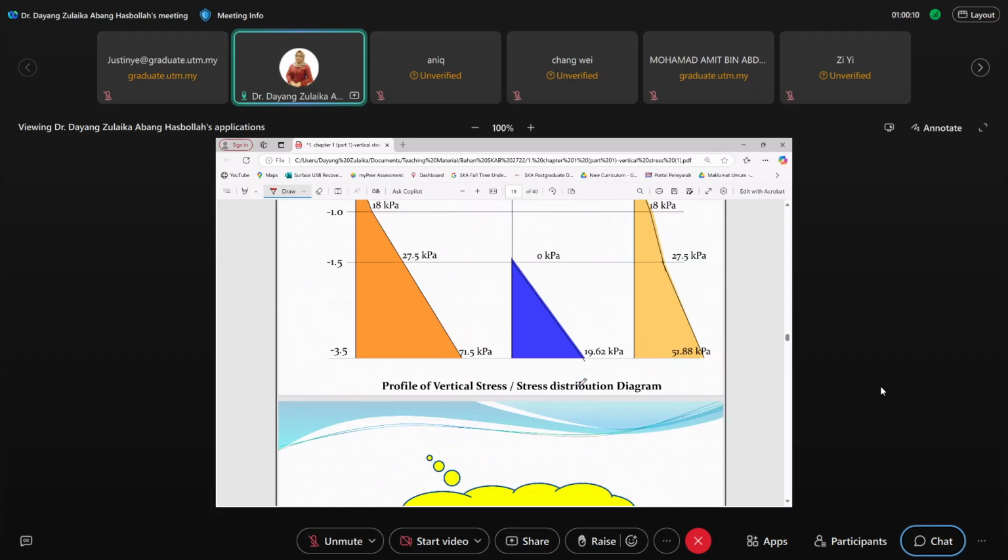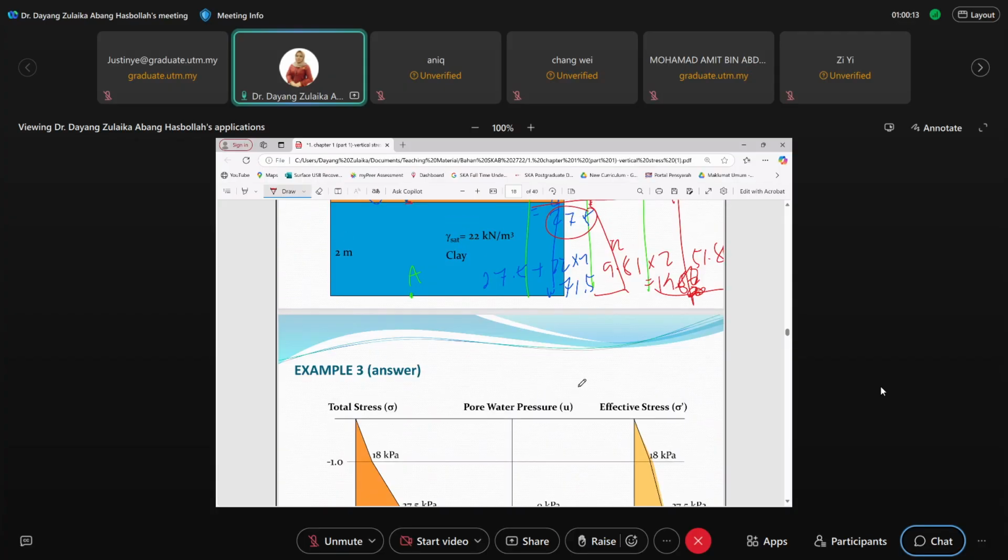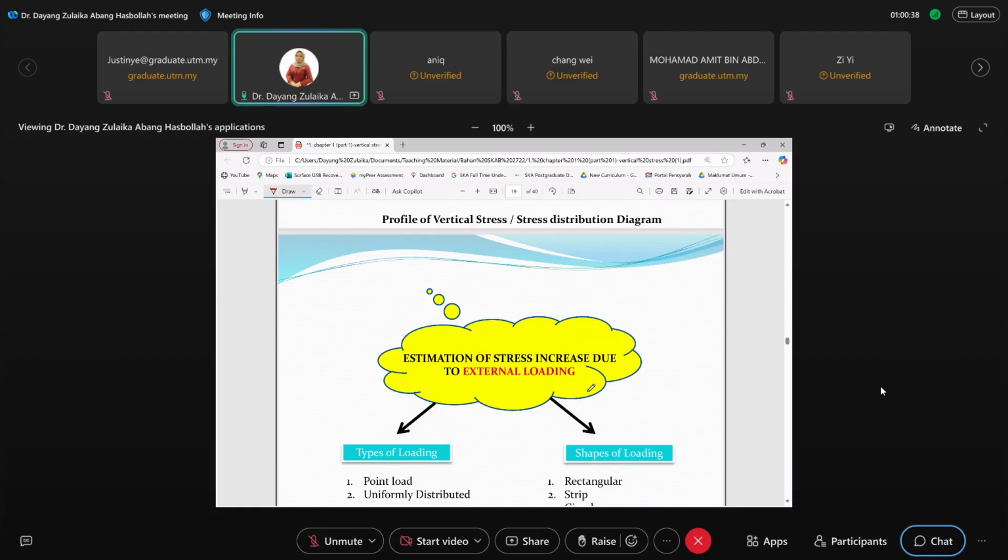Just now we were calculating the in situ stress, the internal stress caused by the soil itself, without external loading, meaning without structure or foundation. Next week, we will go deeper into the stress calculation due to the external loading.